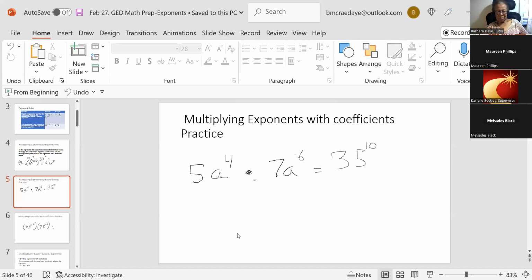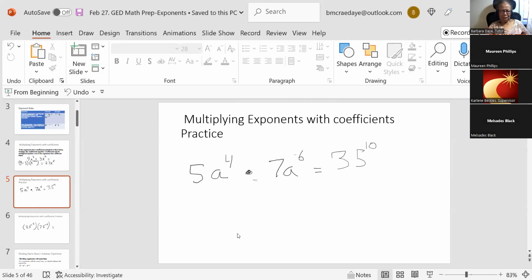So you multiply 5 times 7, which is 35, right? And 6 and 4 make 10. 6 times 4? No, 6 plus 4, 10. That's right. When you multiply, you add the exponents.